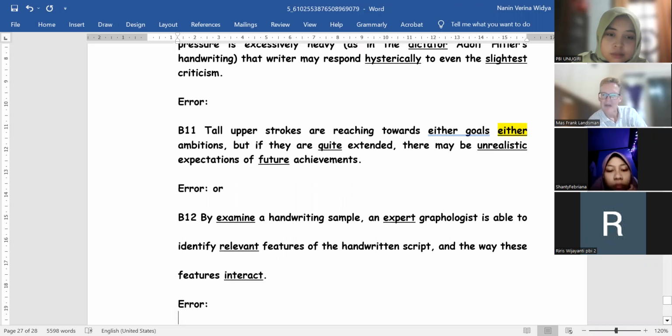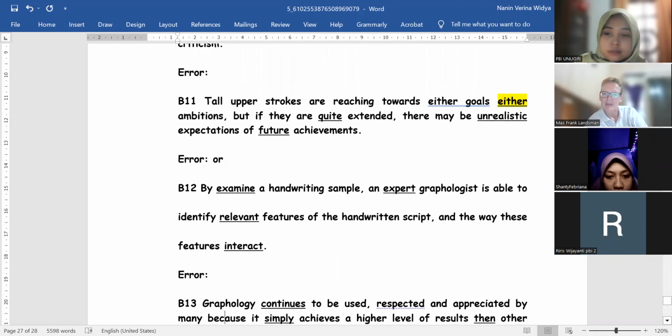By examining a handwriting sample, an expert graphologist is able to identify relevant features of the handwritten script and weigh these features interacts. Which one is wrong? You learn by doing. You learn by applying things to practice, not just looking at the theory.